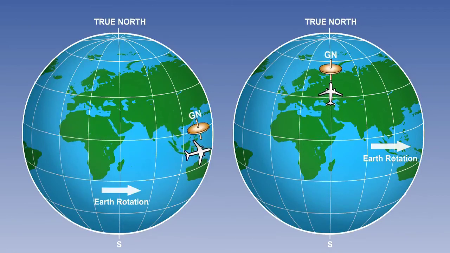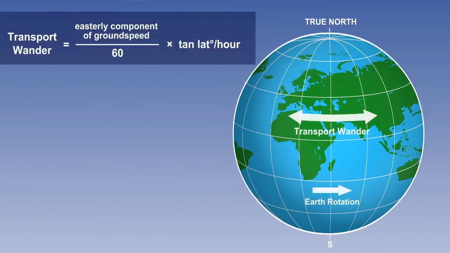The formula for transport wander is: transport wander equals the easterly component of ground speed divided by 60, times the tan of the latitude, in degrees per hour. For the purpose of calculations, transport wander in the northern hemisphere is designated minus in an easterly direction and positive in a westerly direction. We will look at a simple way to work this out in the companion lesson on drift rate calculations.